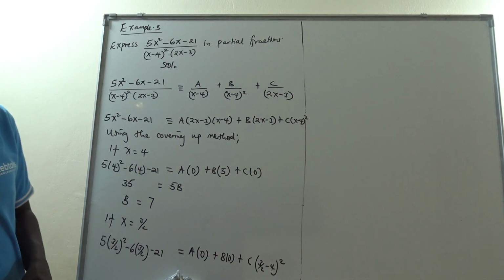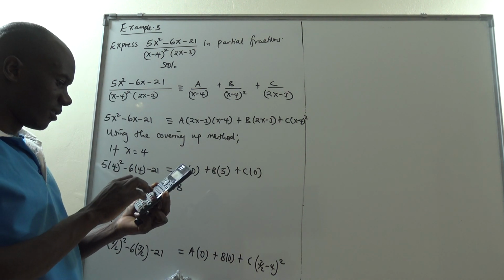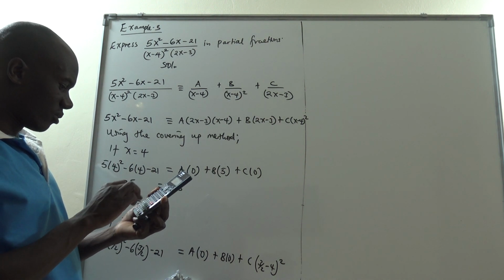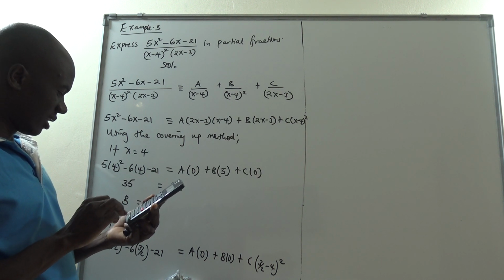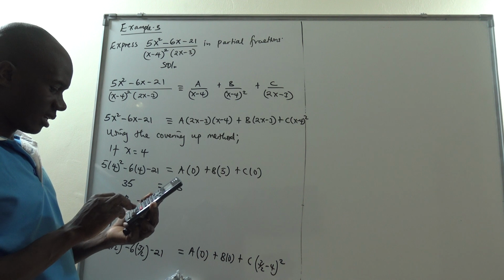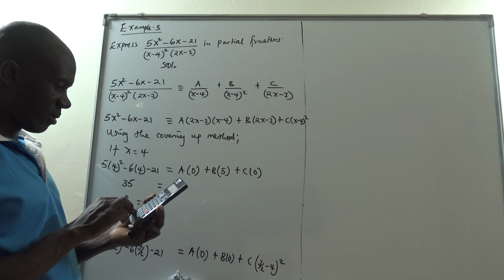So can we try to expand? We are going to have 5 into (3 out of 2) squared minus 6 into 3 out of 2 minus 21.